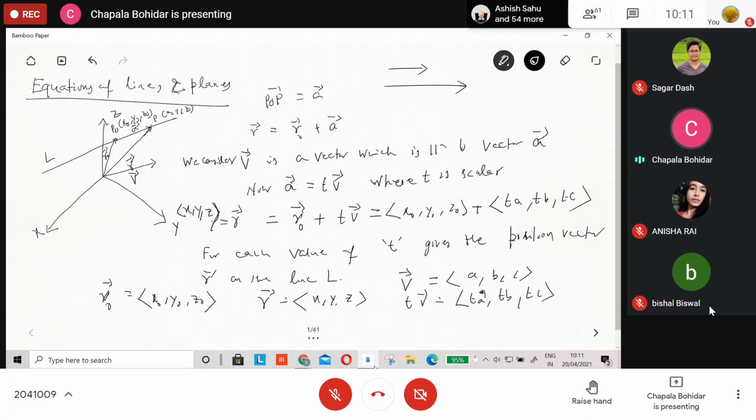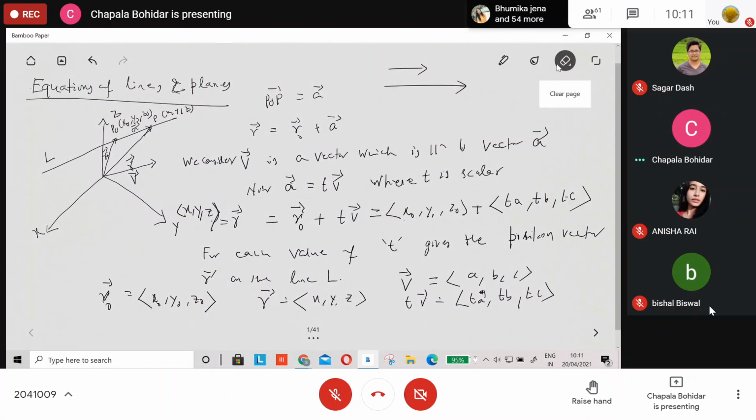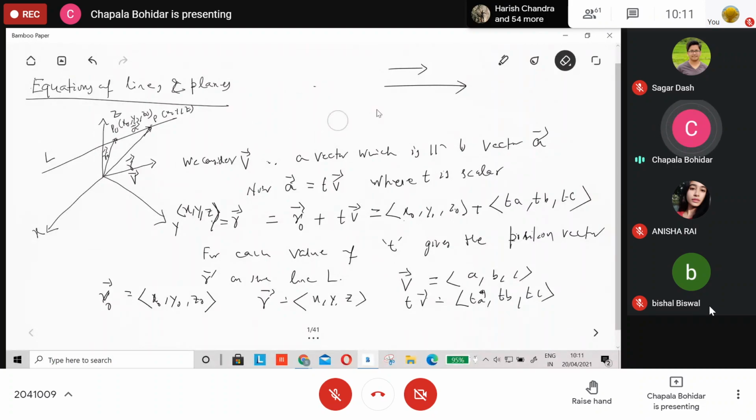Having the point V may be given to you, the point P0 may be given to you on the line. Okay. So now here, come to the parametric equation of this vector equation.